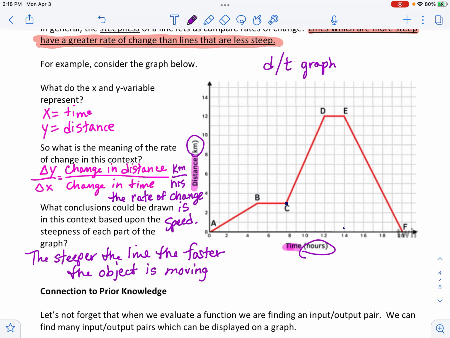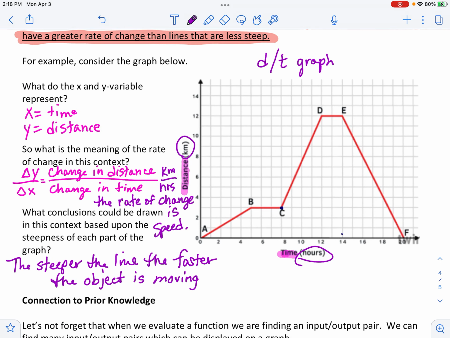So let's check, for example, what is the speed of an object as it moves from point C to point D? Here, again, we can find the rise over the run. The rise goes from 3 to 12. So 12 minus 3 is 9. So the rise is 9 kilometers.